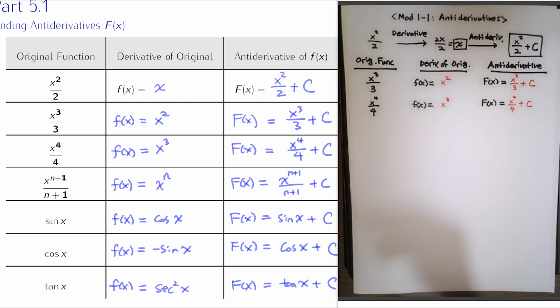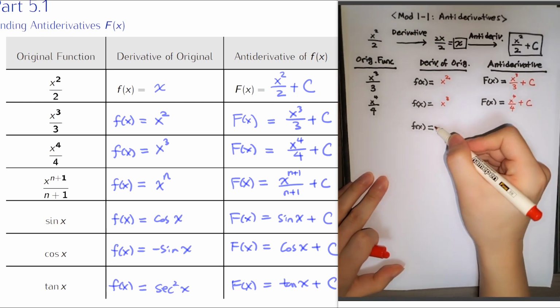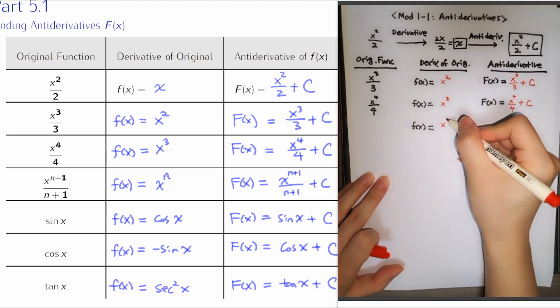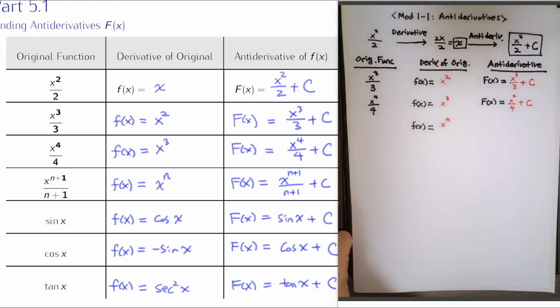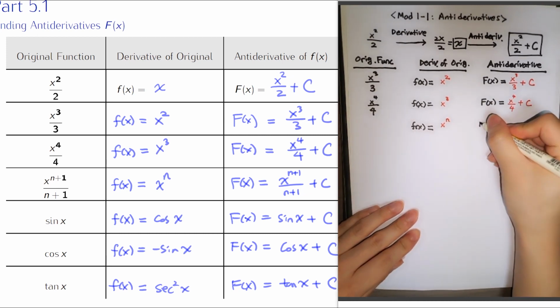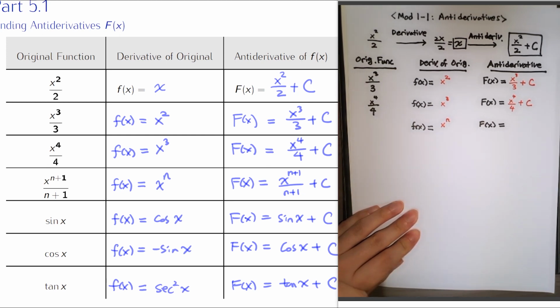So here's the question. Suppose I give you f of x to be x to the power of n, like this. Then what is the antiderivative of this x to the power of n?